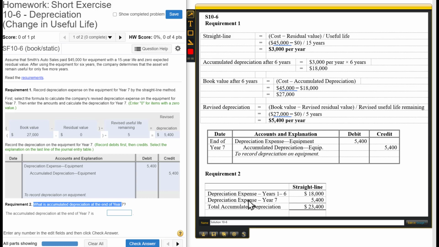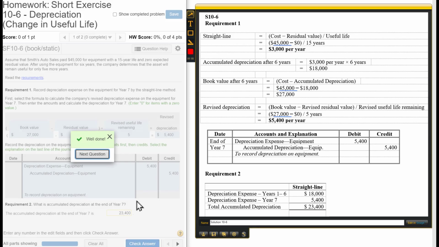And then in year 7, we got this $5,400 depreciation, which I added here. And then we're going to add those two up, and we get a total accumulated depreciation of $23,400. And that's it.